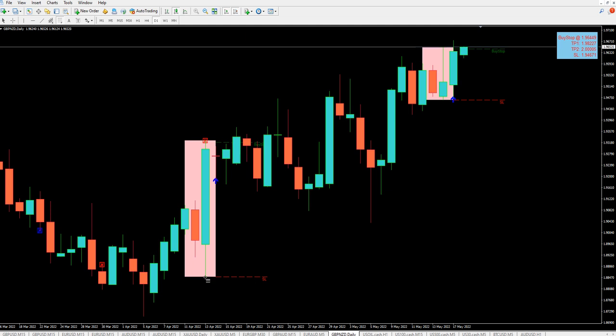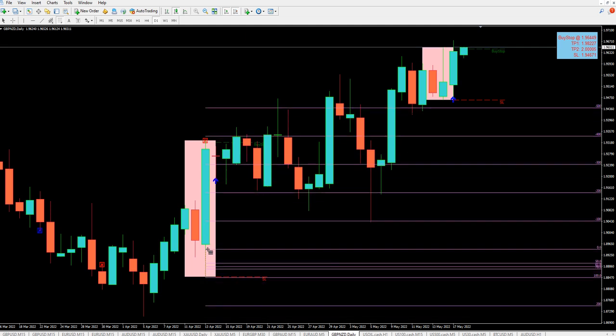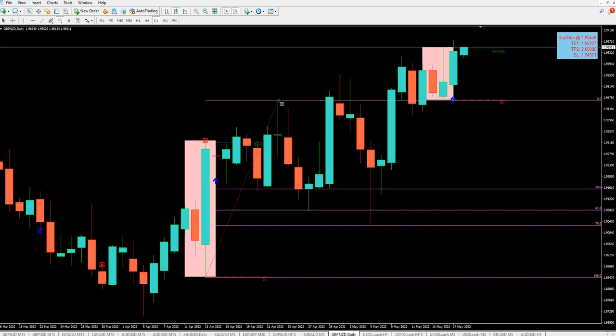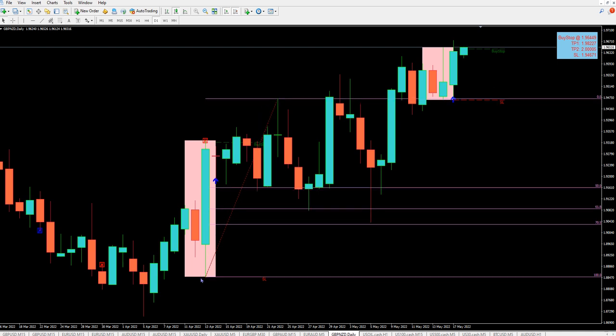There's two things I like to do for confluences with a fib. One, the classic use is just taking the range, anchoring it from this new range that the engulfing candle has made. You see it comes down, perfectly taps 61.8, and just about gets to the 70.5.